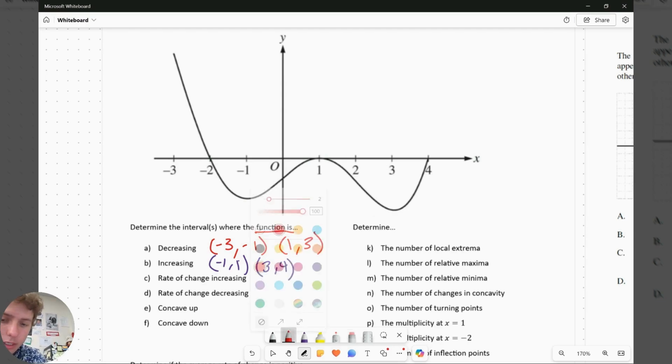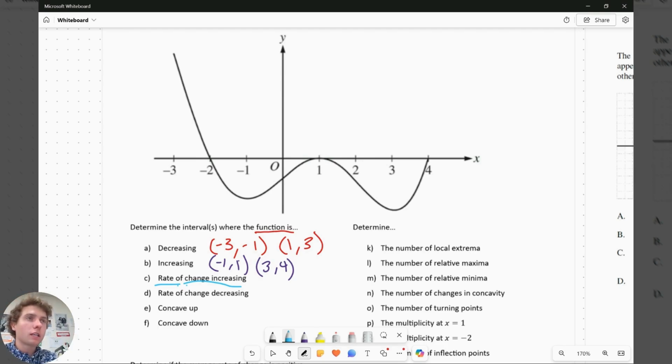Well, this next one is where people, I feel like, start to get thrown off. It says rate of change increasing. Well, that is a definition that we've heard. You have to think back, try and remember, what does that actually mean? Well, if your function has a rate of change that increases, that means that your graph is concave up.